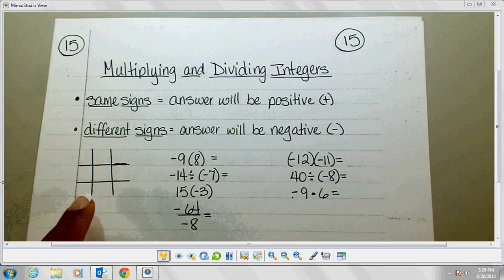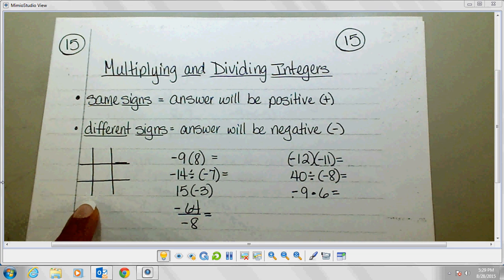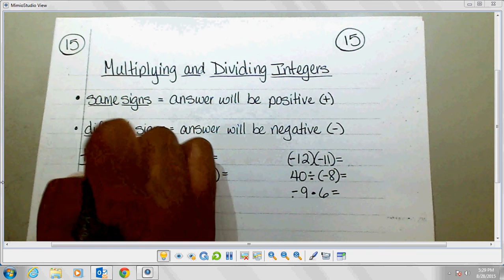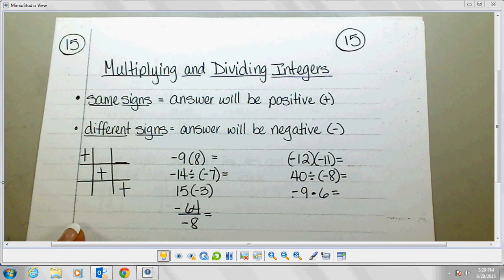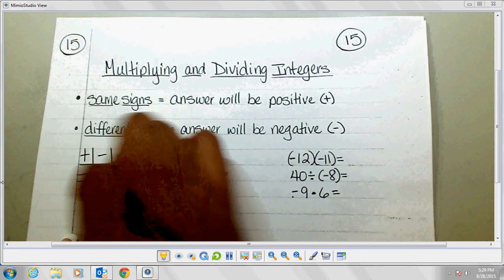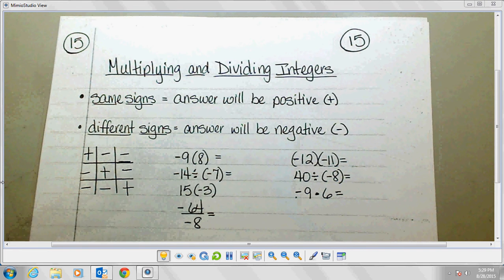Got a little tic-tac-toe board to help you kind of remember the rule. So the way we fill in our tic-tac-toe board is we're going to put positives in a diagonal. Okay, and then you fill in the rest with negative signs. And the way you read it is, no matter whether it's multiplication or division, it works.